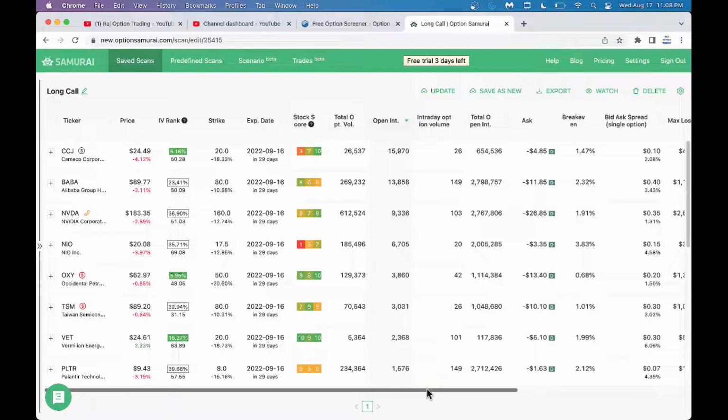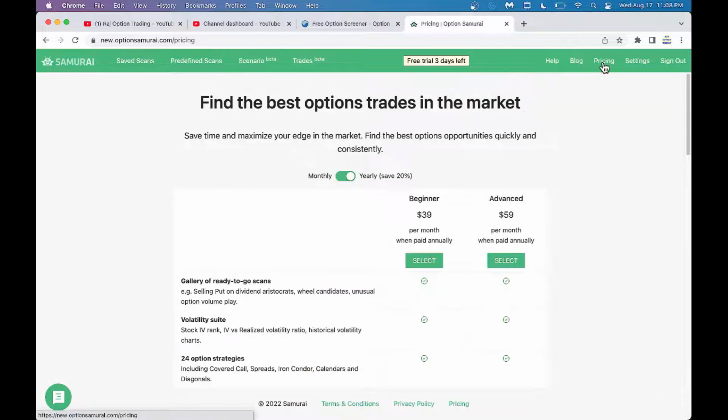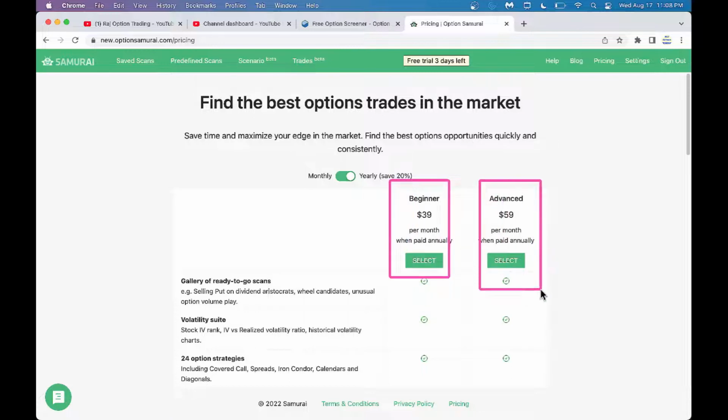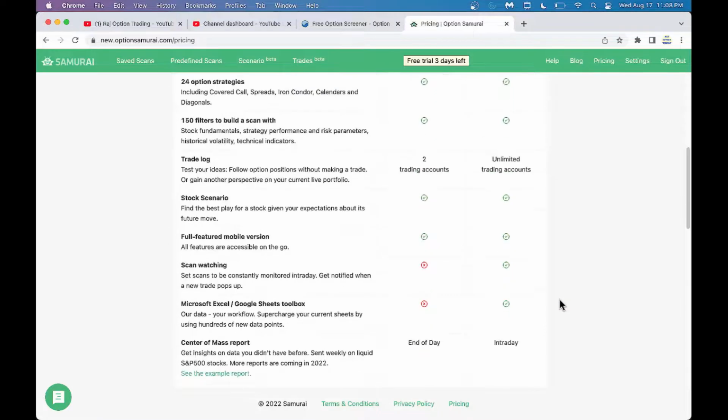All right, so now I also want to show you a free scanner. Before I go there, from a pricing perspective, this OptionSamurai is not very expensive. Look at the pricing here, just $39, not too much. You could also go for $59 for advanced, only if you want some of these scan watching.